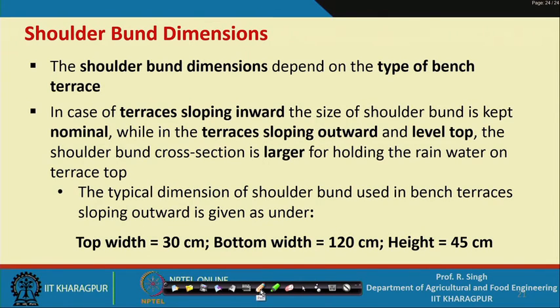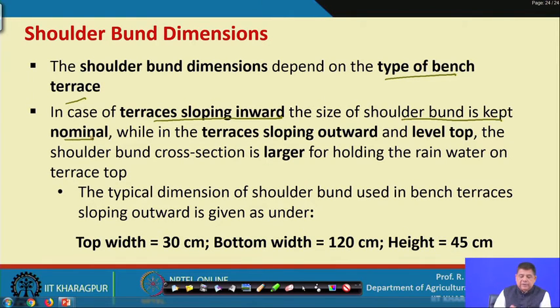Now, coming to shoulder bund dimensions, it depends on the type of bench terrace. In case of terraces sloping inward, the size of shoulder bund is kept nominal, because it has almost no function. But in case of terrace sloping outward or level top, shoulder bund cross section is larger, because in both cases it has to hold water, rainwater on the terrace top basically, especially in case of level top.